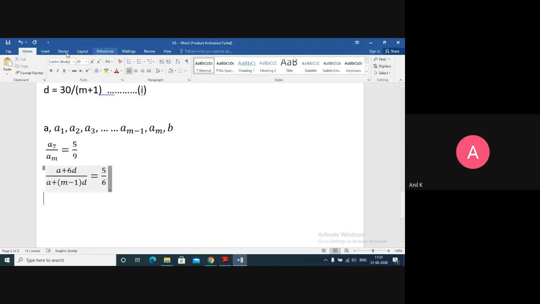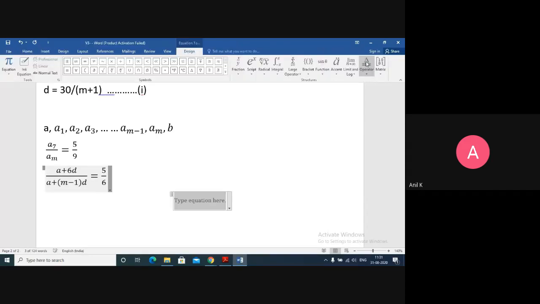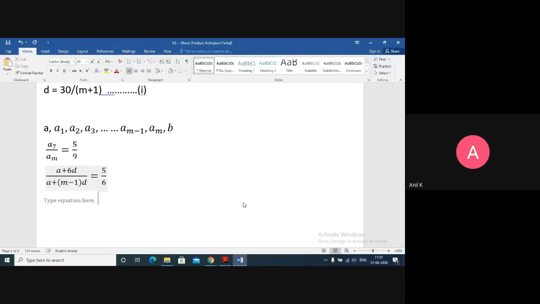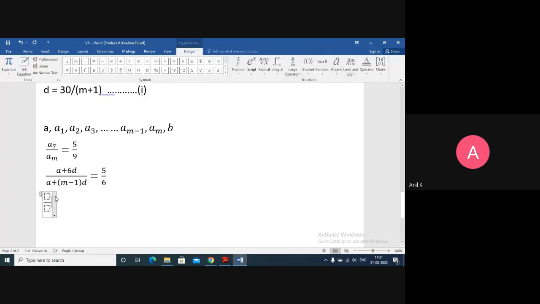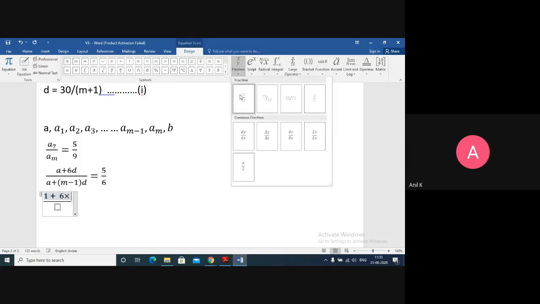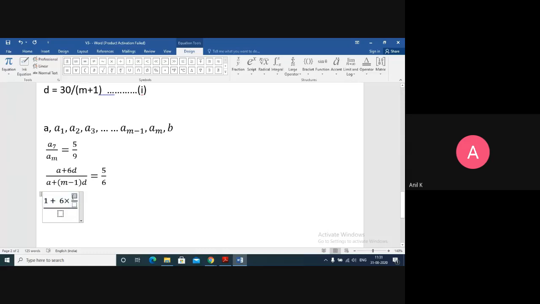Okay, let me show you one step, then I will leave it to you as homework. So here this is a fraction. A value I have as 1 plus 6 multiplied by d. What is the d value? 30 upon m plus 1.